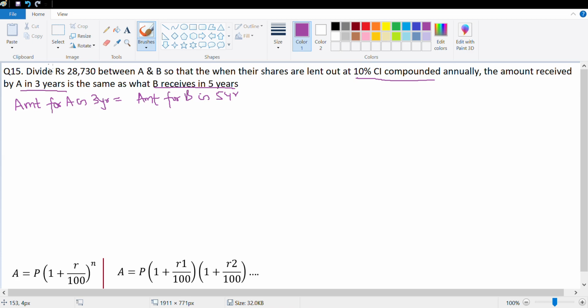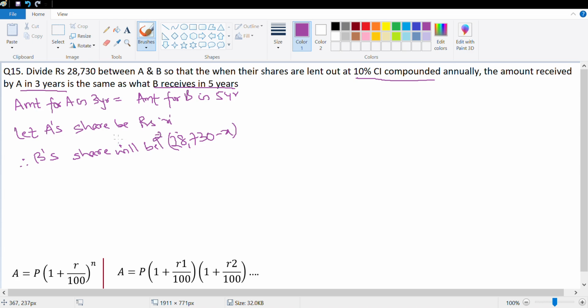We don't know what will be each person's share. So let A's share be rupees X. Therefore, B's share, since the total money is 28,730, will be 28,730 minus X. So his share is rupees 28,730 minus X. Well, let's calculate amount for A in 3 years.